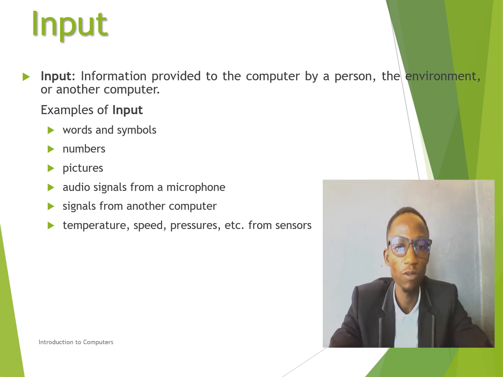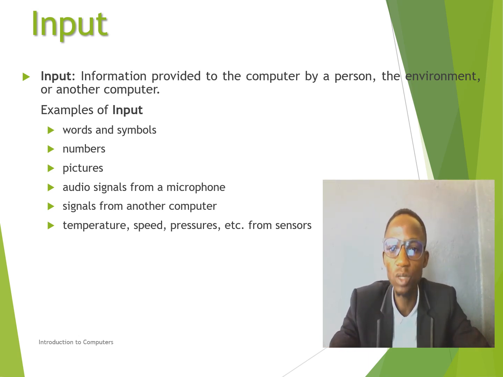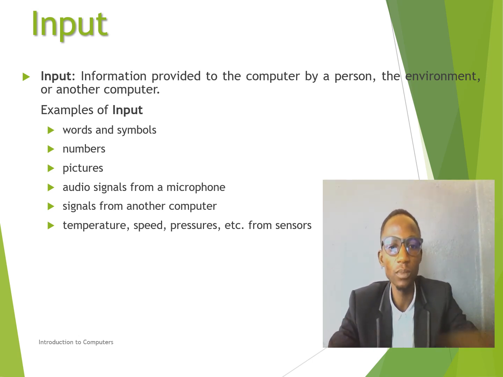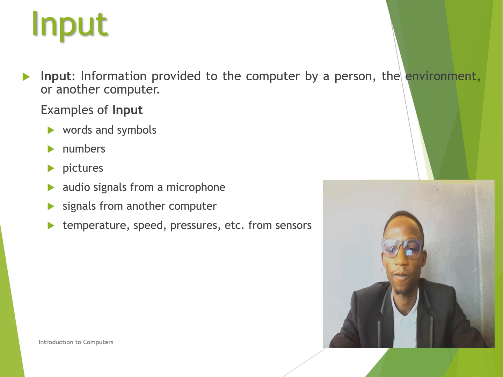So an input is information provided to the computer by a person, the environment, or another computer. Examples of input, we have got words and symbols, numbers, pictures, audio signals from a microphone, signals from another computer, temperature, speed, pressures, etc. from sensors.